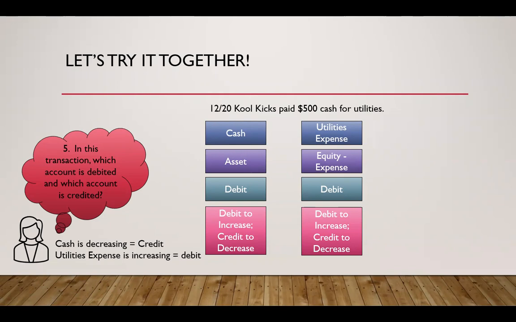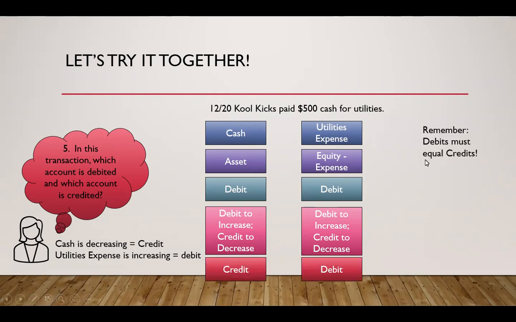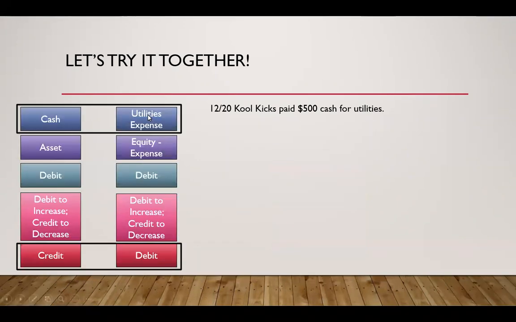So we see our debits and our credits here. Keep in mind, debits have to equal credits. Don't forget that. As long as debits equal credits, the accounting equation remains in balance. So now we put a box around the items that we need. And this time, the account that we are debiting is not cash. It is utilities expense.